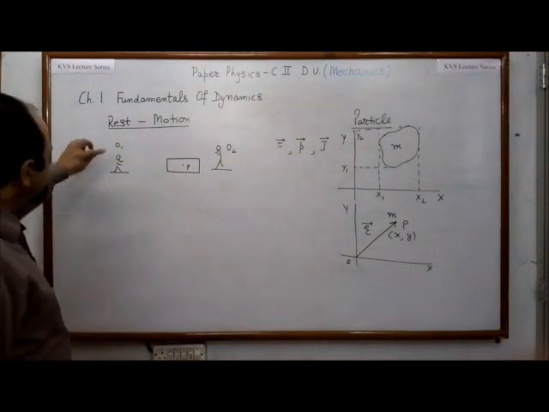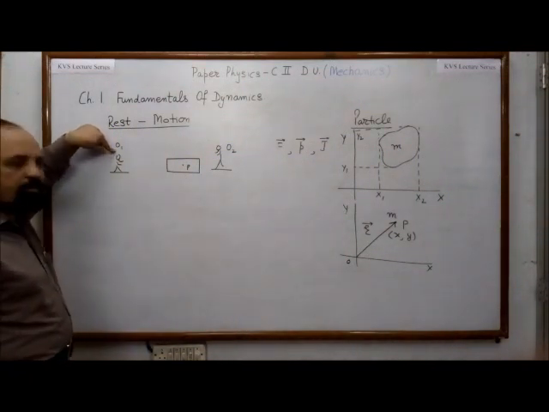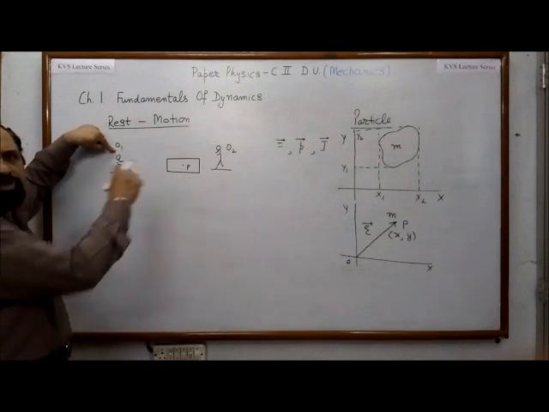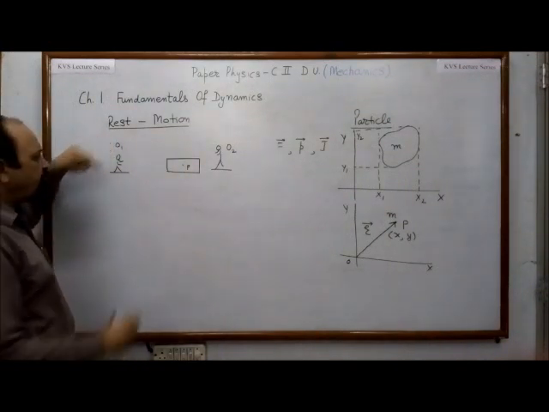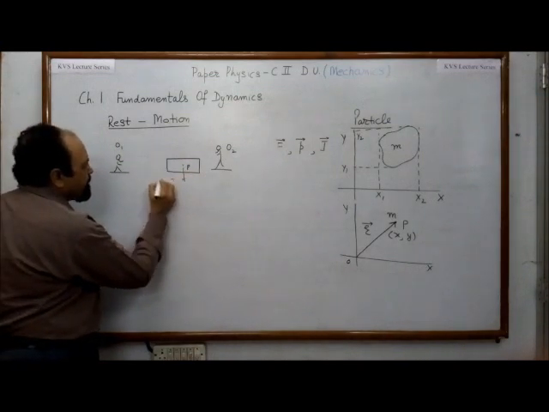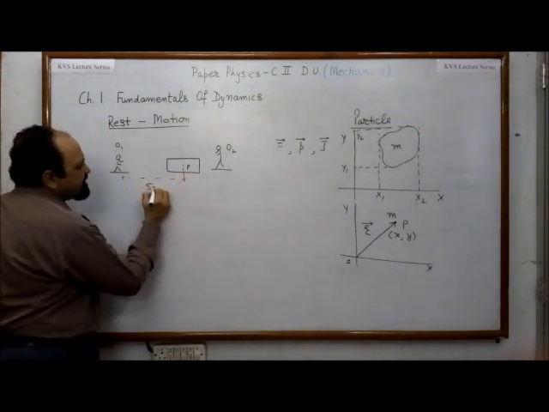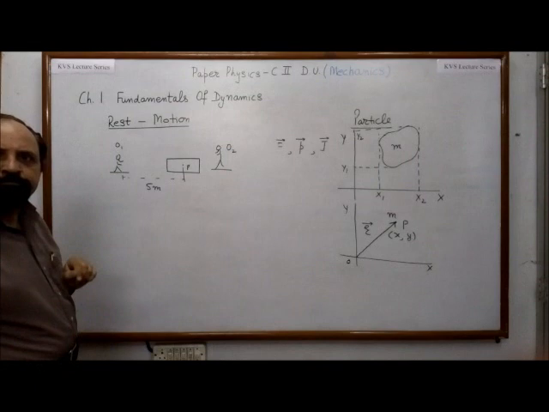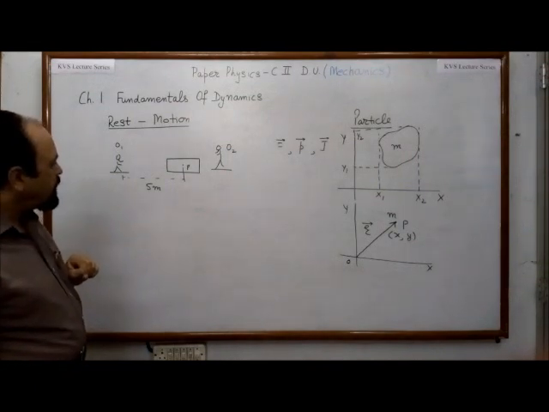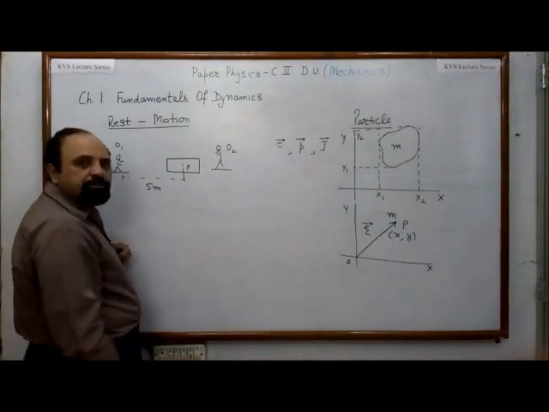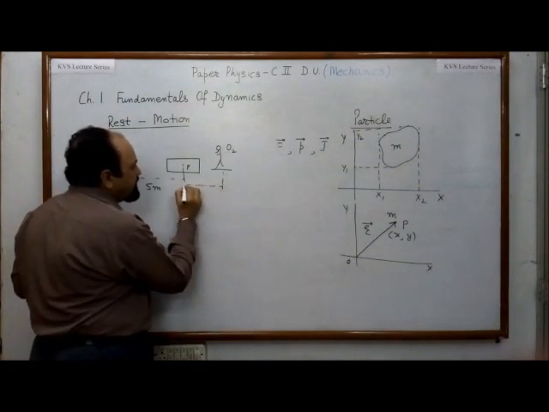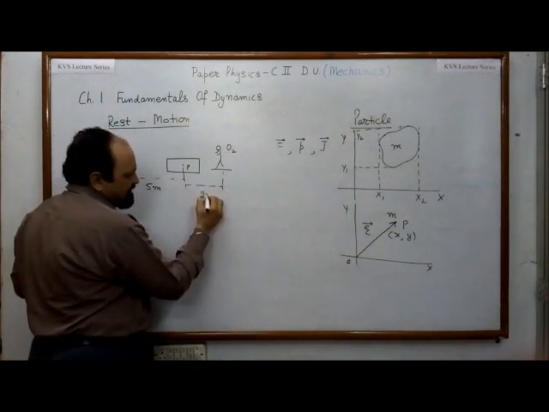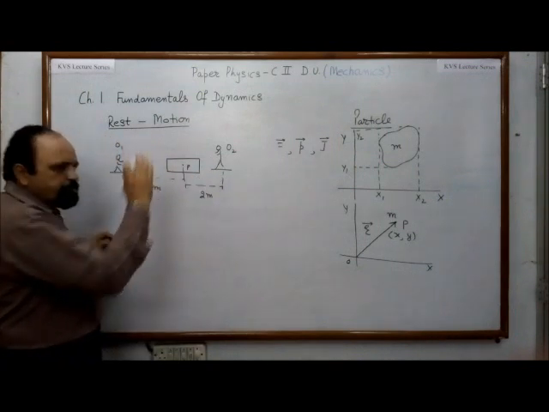Now if you ask this observer to give me the position of this object or the particle, he will give this distance from him. Let's say this is 5 meters. But if you ask this observer to give the position of this particle, he will give this distance and say, for example, it's 2 meters.